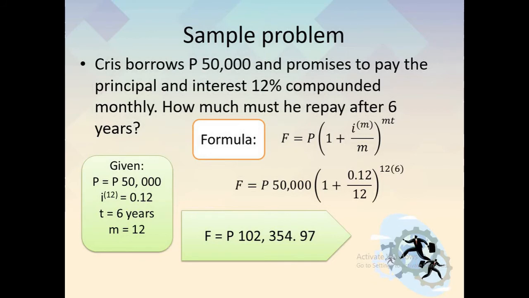Let's now have another formula, which is the present value at compound interest.